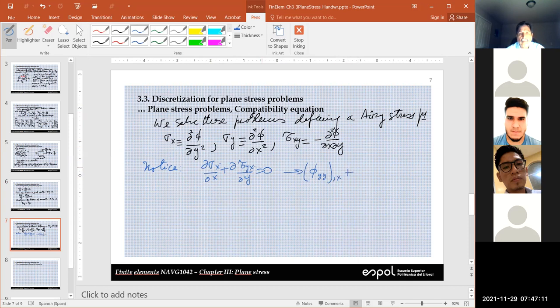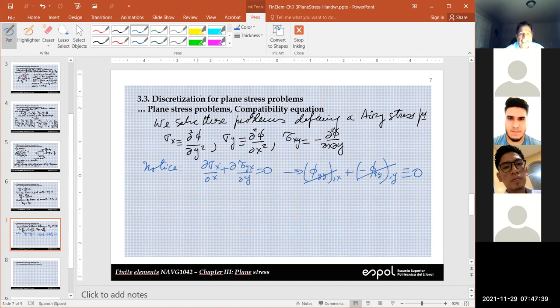And now here we have tau yx, so it's equal to minus phi xy. And now it's differentiated with respect to y, so we get something like this. And you see here that I have two derivatives with respect to y and one with respect to x. Similar here, but this is negative, so this is identically equal to 0.